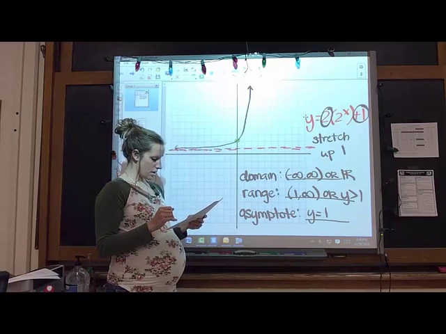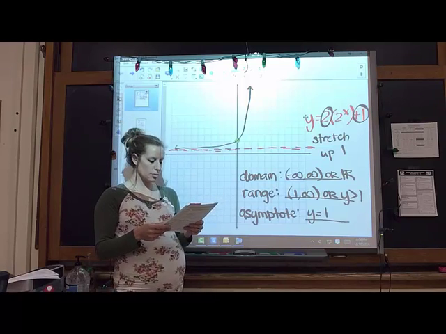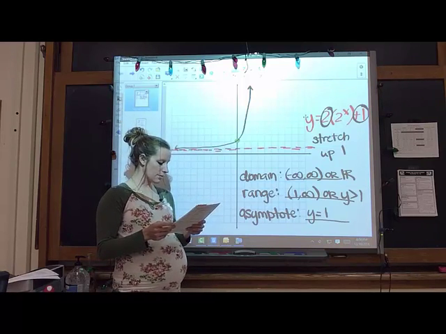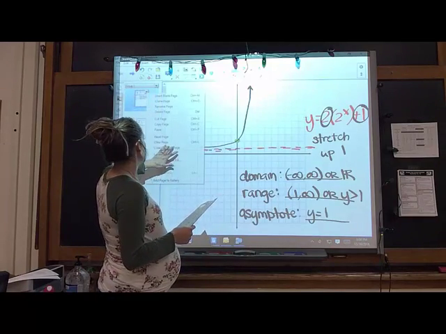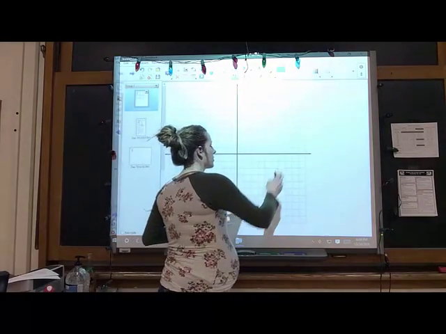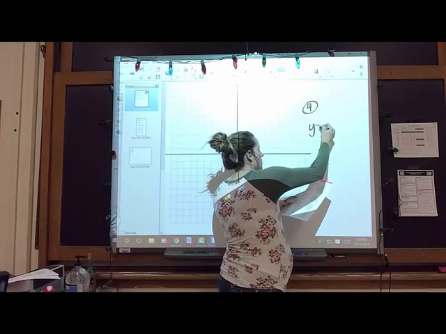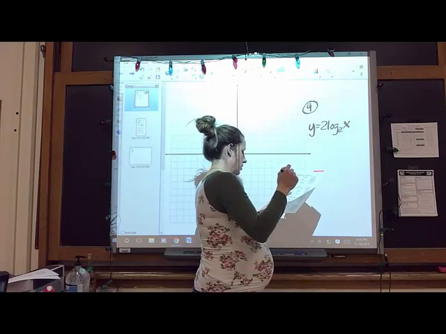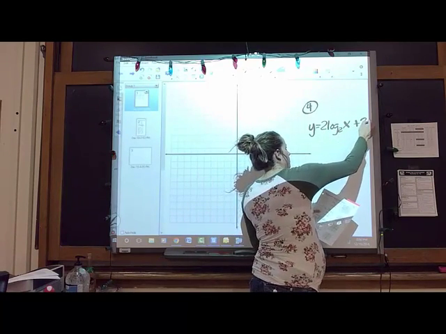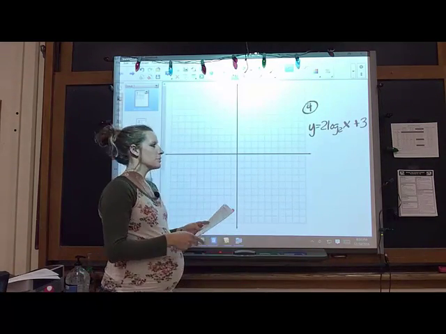All right, let's skip a couple. Let's do number 4. Let's see a log function and see how that looks. So number 4, we have y equals 2 log base 2 of x plus 3. I want you to tell me how it transforms.